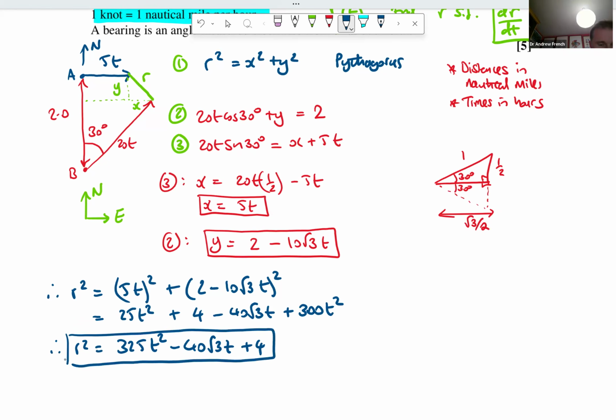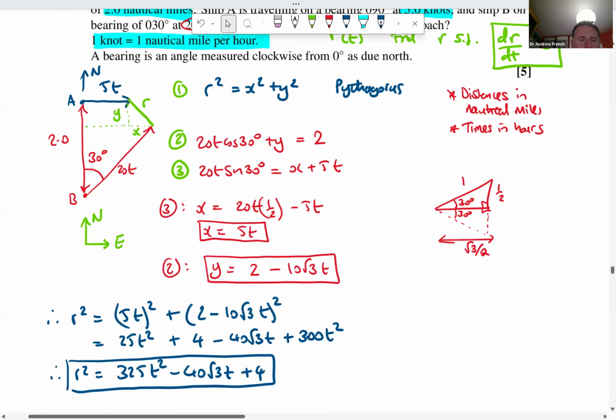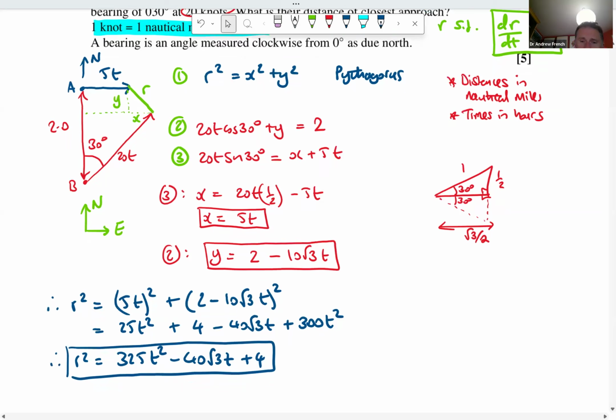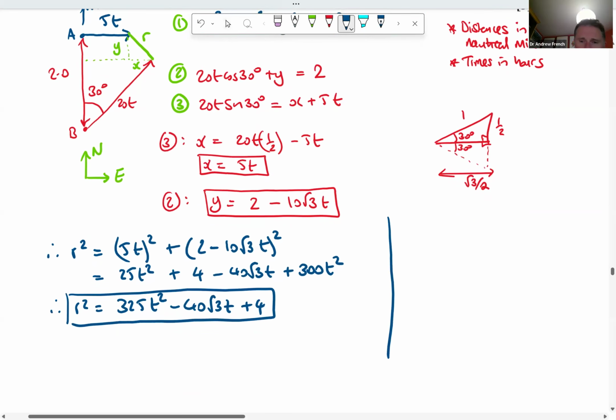Hooray! Okay, now, here's the question. Do we have to square root this? Well, not really, because if dr by dt is 0, then the derivative of r squared with respect to time is 0. And if you are unhappy about that in any way, we could do it implicitly. Now, I'm not sure how many of you will have done this, but basically that's the same as 2r dr by dt.